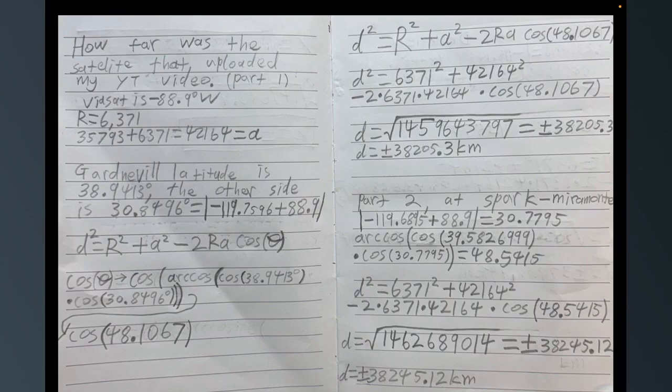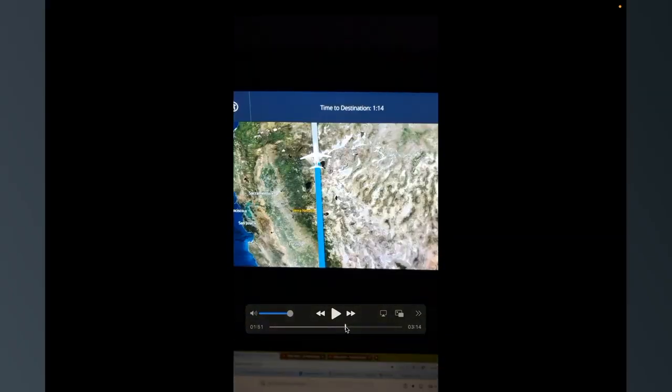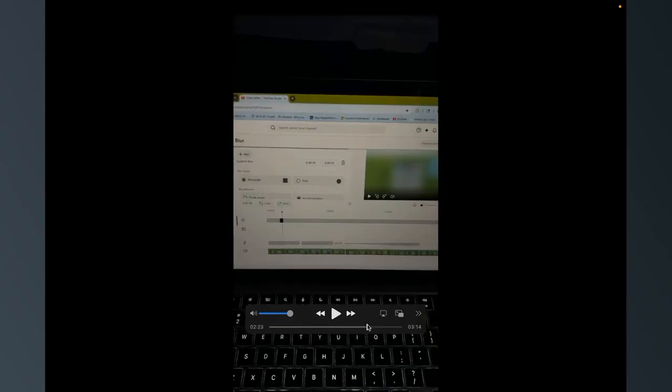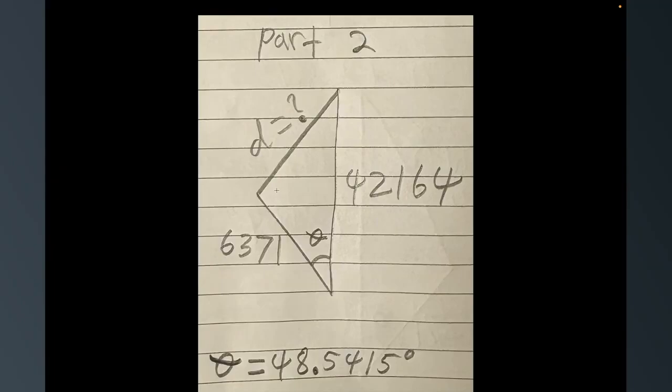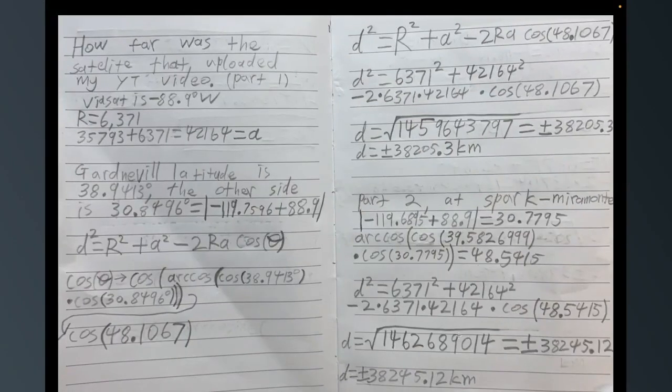So to find the distance from me here to the VSAT satellite, we need to find this angle. And we need to use the law of cosine again.